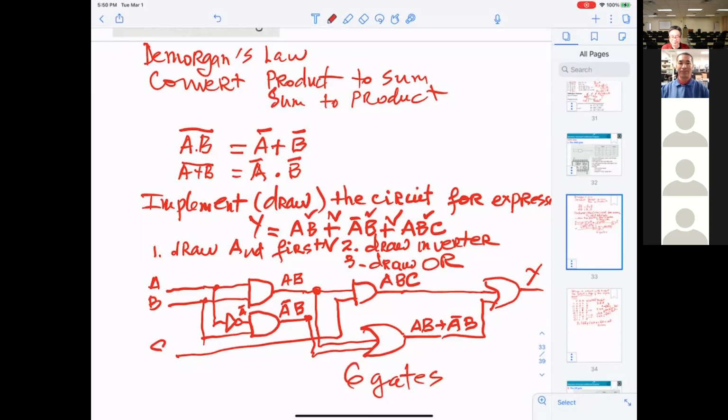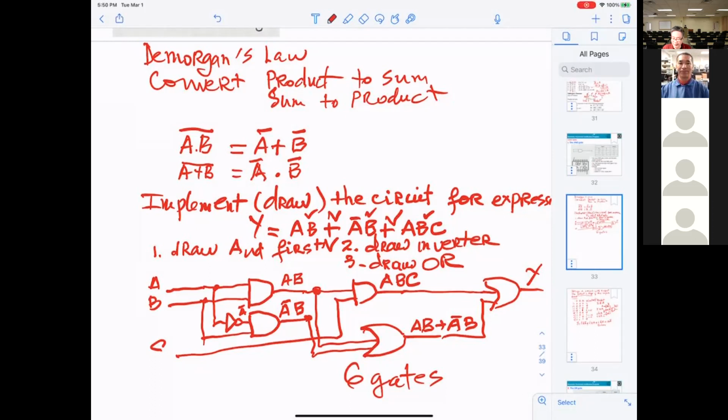Then they can build. However, Boolean algebra is from a long time ago. They're not using it anymore. It's very hard to do. So later on, they came up with the Karnaugh map, K map.